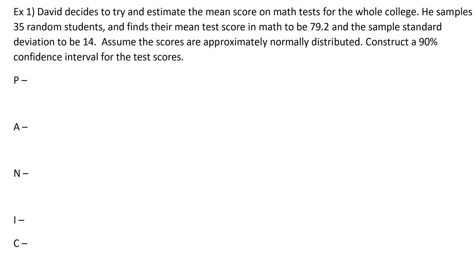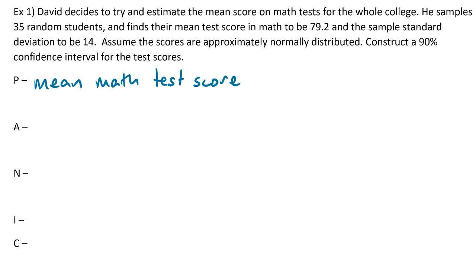All right, so first off, P is our parameter of interest. So it is the mean math test score. A is our assumptions.